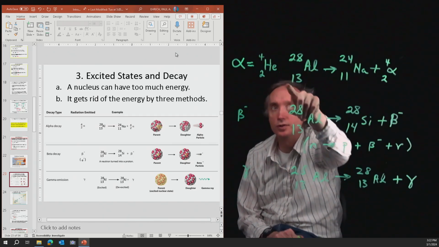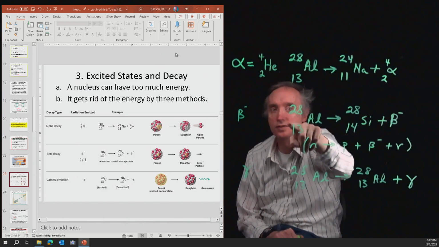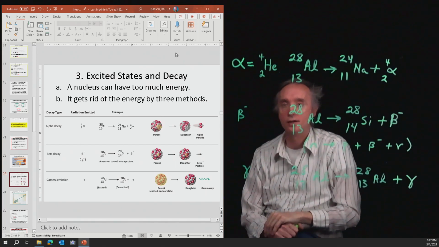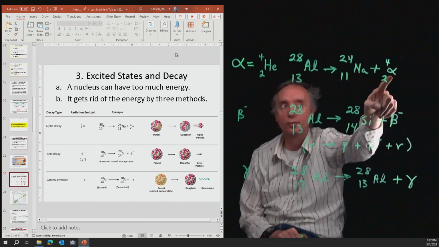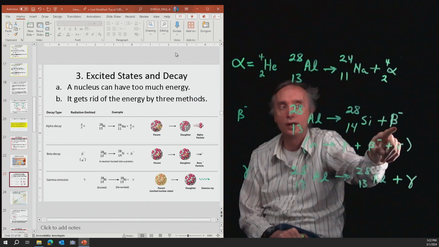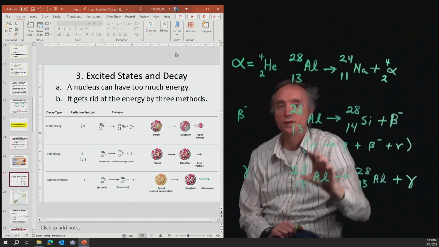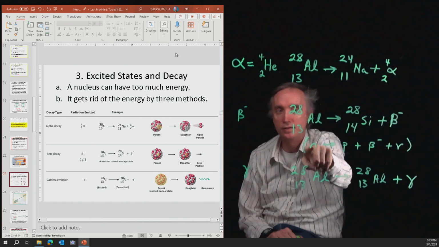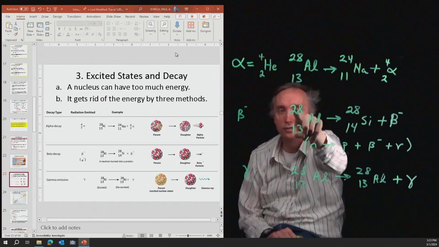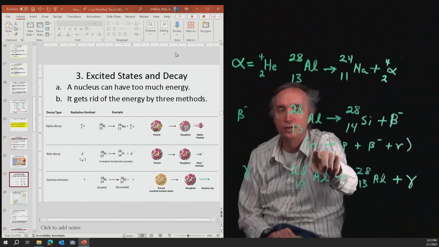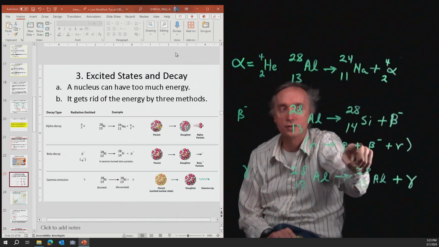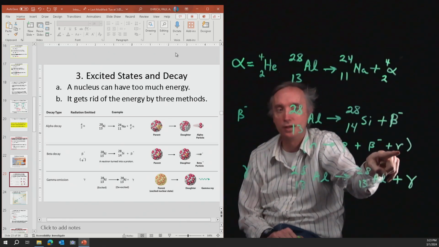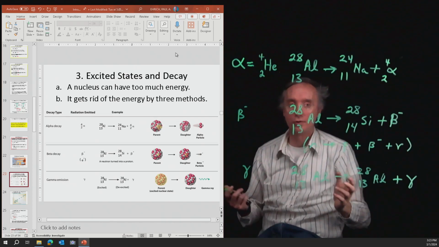This one here is going to be our unstable nucleus. But this time, instead of giving off an alpha particle, it's going to give off a beta particle. One of the neutrons inside of this aluminum nucleus is going to turn into a proton, and in the process it will emit a beta particle, and it's also going to emit a neutrino, which we don't care about.